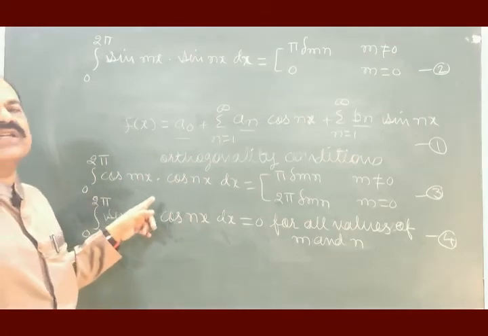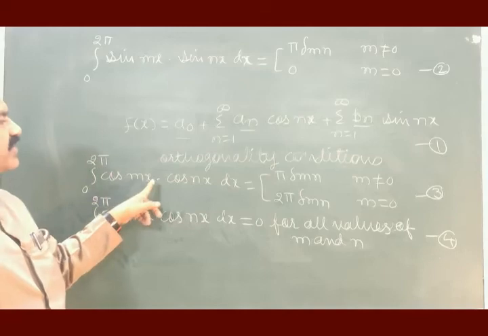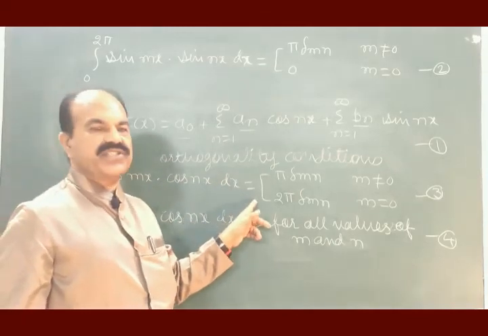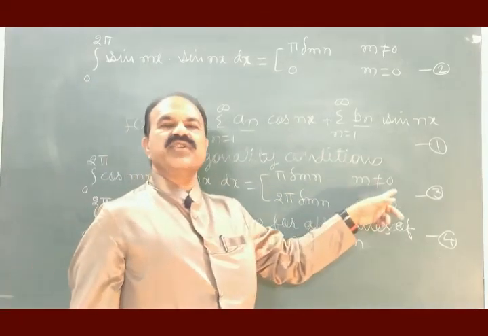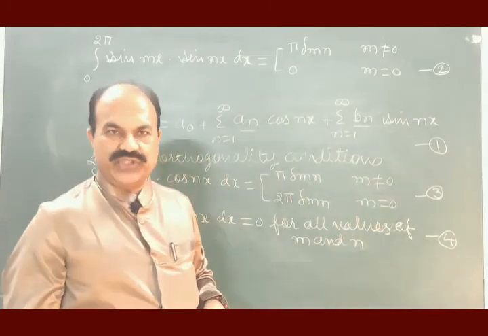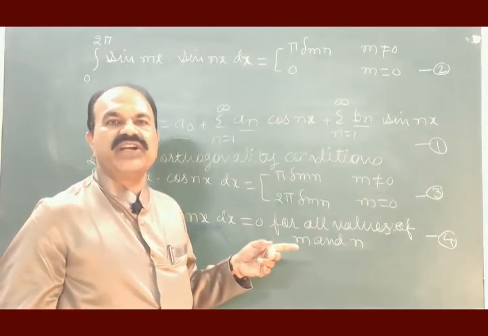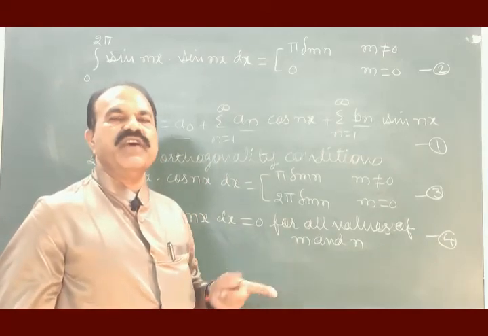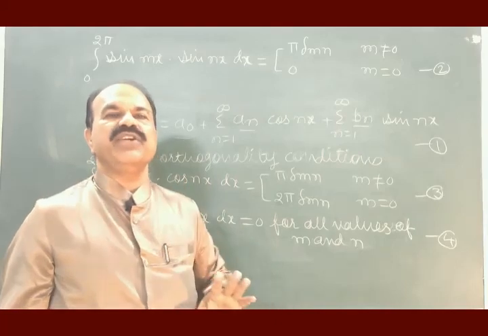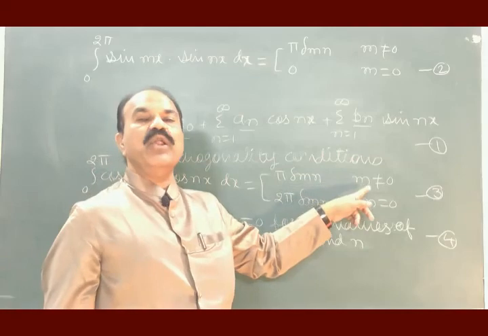Come to the second orthogonality condition. Integration from 0 to 2 pi of cos mx into cos nx dx is pi delta mn for m not equal to 0, and 2 pi delta mn for m equal to 0. Again, delta mn is the Kronecker delta function; its value will be equal to 1 if m is equal to n. So it will have two results depending on the value of m.